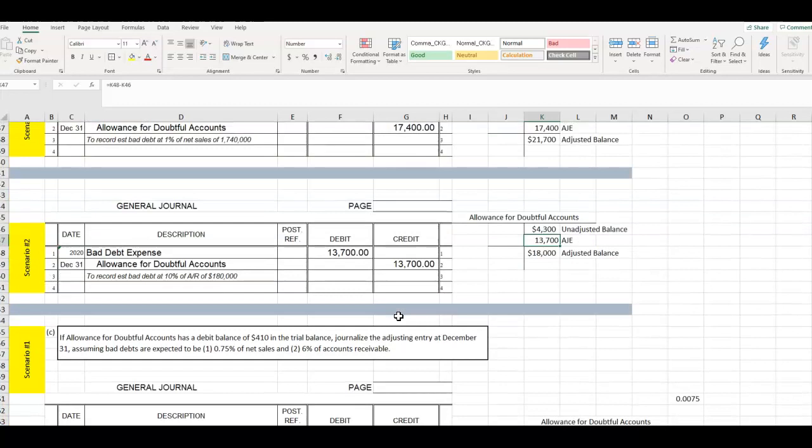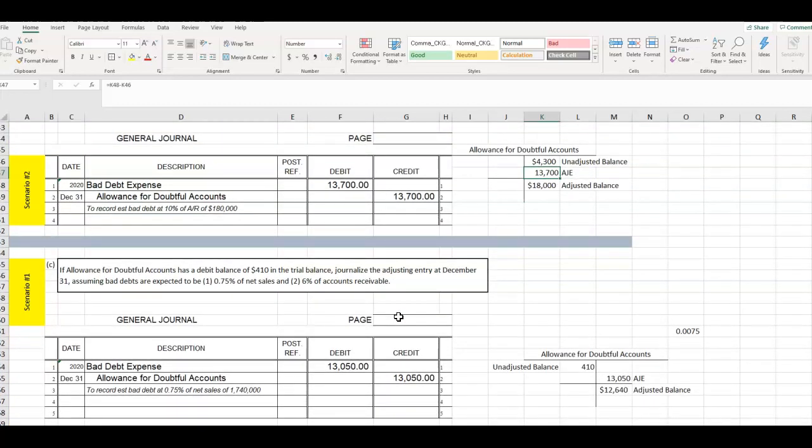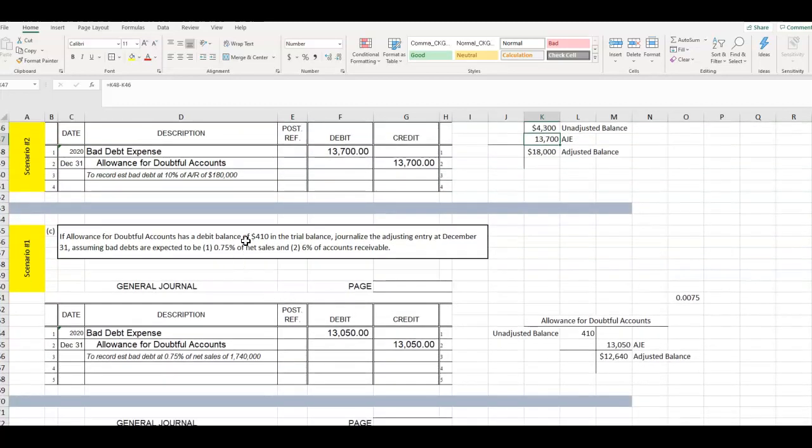All right. Now we're going to go back and do the same things with a debit balance in allowance for doubtful accounts of $410, and bad debts are 0.75% of sales. This little number out here is the decimal representation of 0.75%, 0.0075.